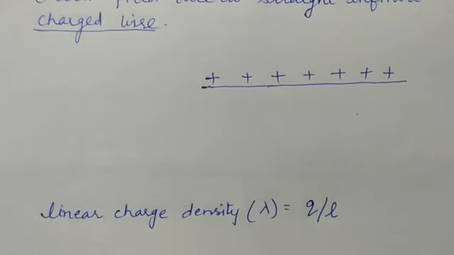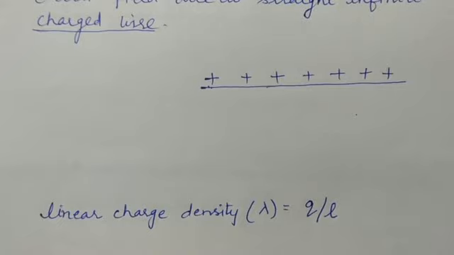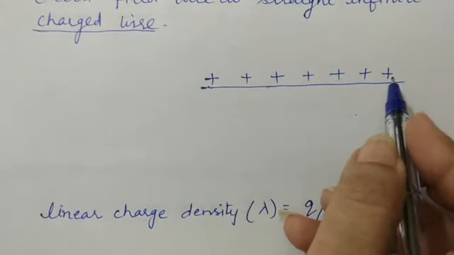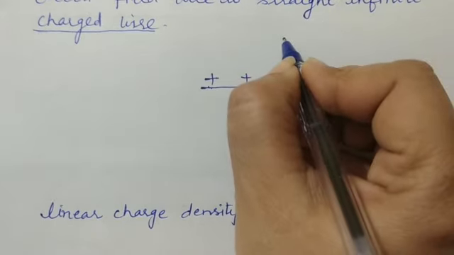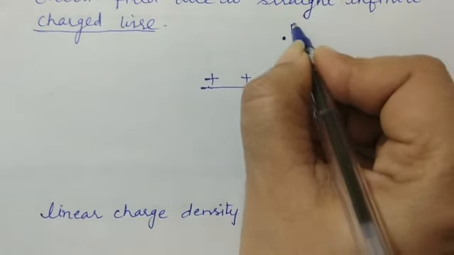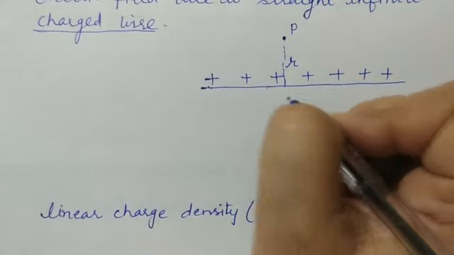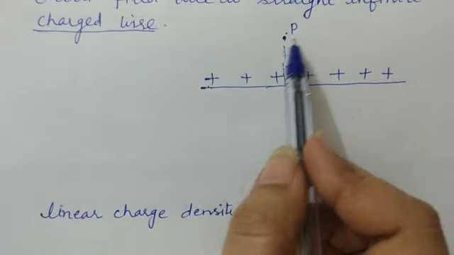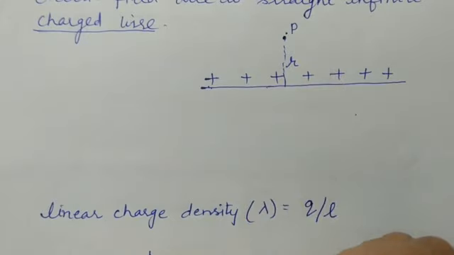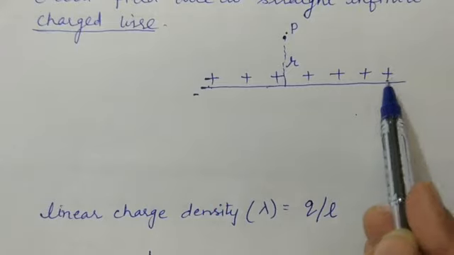Now how to find the electric field due to this wire at a point, say P, which is at distance R from this wire. I cannot use E equals 1 upon 4 pi epsilon naught Q upon R square because this is not a point charge.